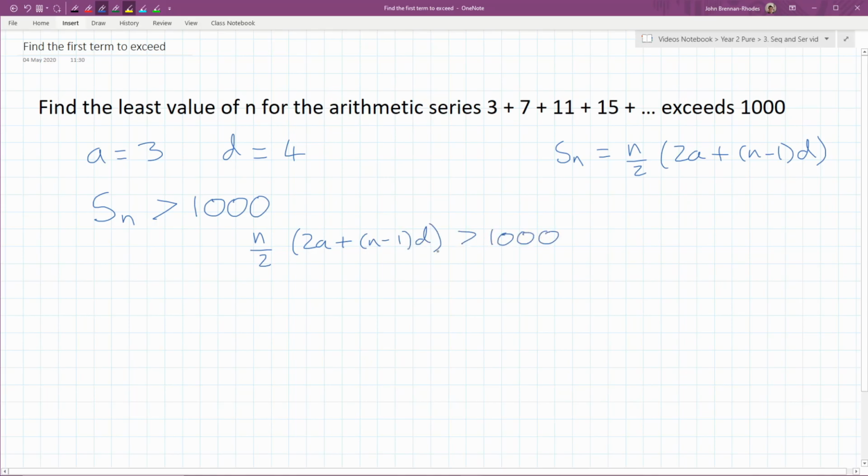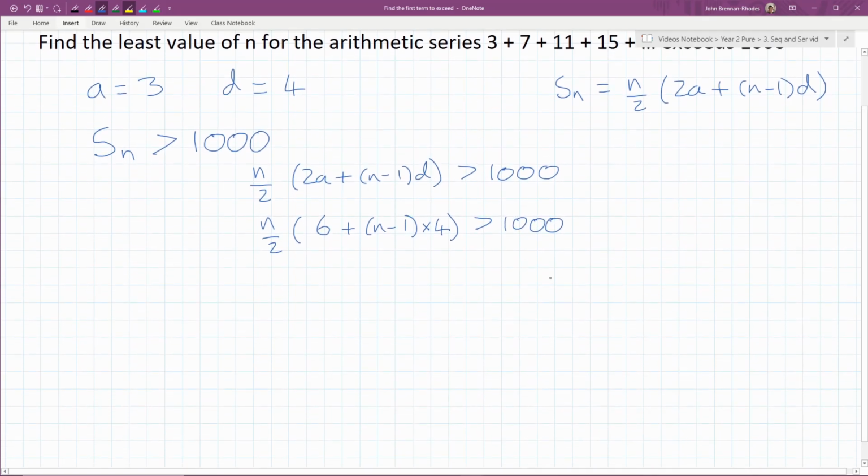So let's plug in what we know. We don't know n. So n over 2, and then we get 6, because 2 times 3, plus (n minus 1), and we've got 4 here, times 4, and that has to be greater than 1000.